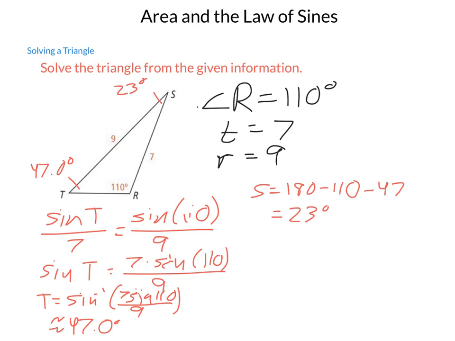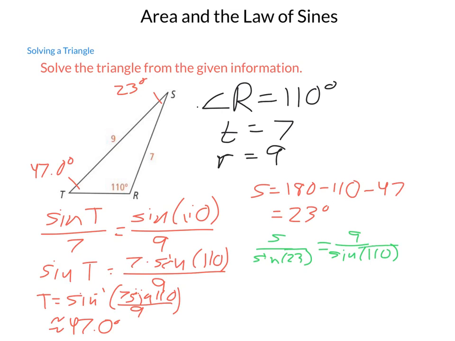Now I need to find the side length for S. So I'm going to grab my information and set up a ratio involving that. So S over the sine of S, which is 23 degrees, will have to equal, and I can take any other opposite pair, since the angle for T was an approximation, I'm going to stick with my R pair that I know to be true, 9 over the sine of 110.